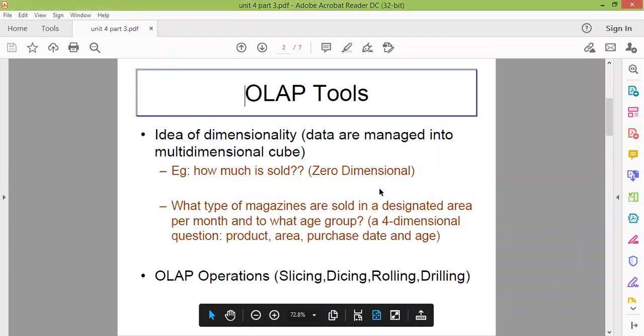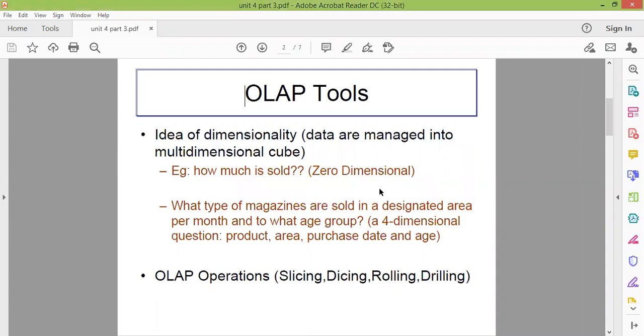Today there is a short recap of the OLAP tool. I have given book notes of this also. I have told you that OLAP is your online analytical processing tool, which tells you about data extraction from a multi-dimensional cube.